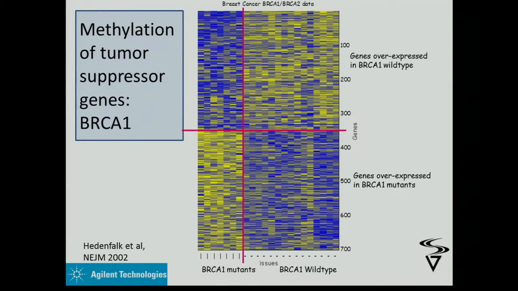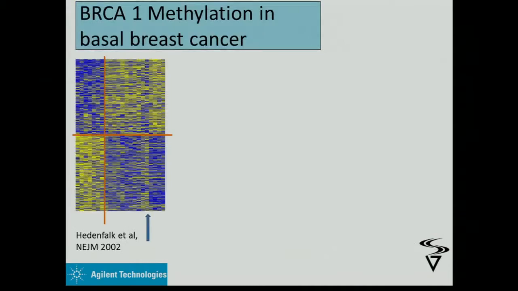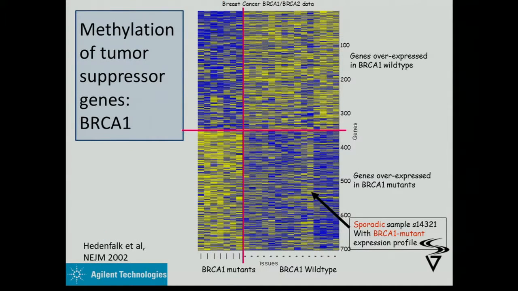So of course we observed that at the time as well, and went back and genotyped the patient, and she was indeed BRCA1 wild type. However, what is happening for this patient is that the promoter of BRCA1 is hypermethylated.